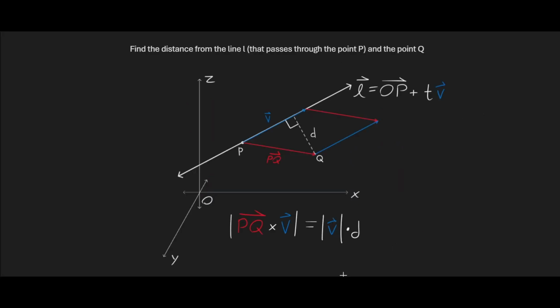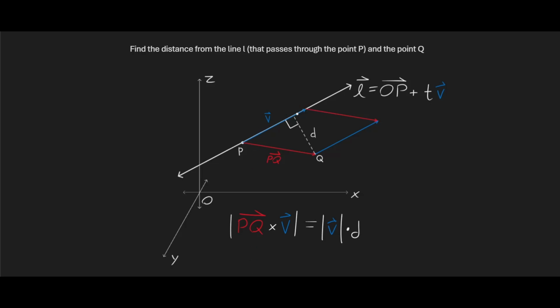Going back to the picture here, we can see more clearly that the magnitude of PQ cross V is going to be equal to the area of this parallelogram, in other words, the distance times the base, and the base will be the magnitude of V, which is this vector in blue.